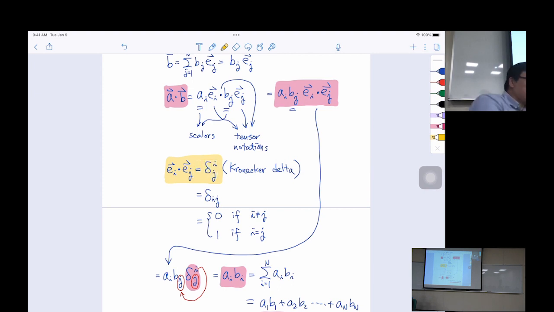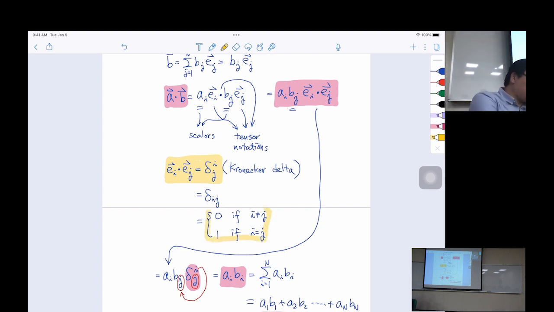I just told you e_i dot e_j equals Kronecker delta ij. It could be easily proved by just listing all the possible derivations, and then you'll realize, oh, you're right.